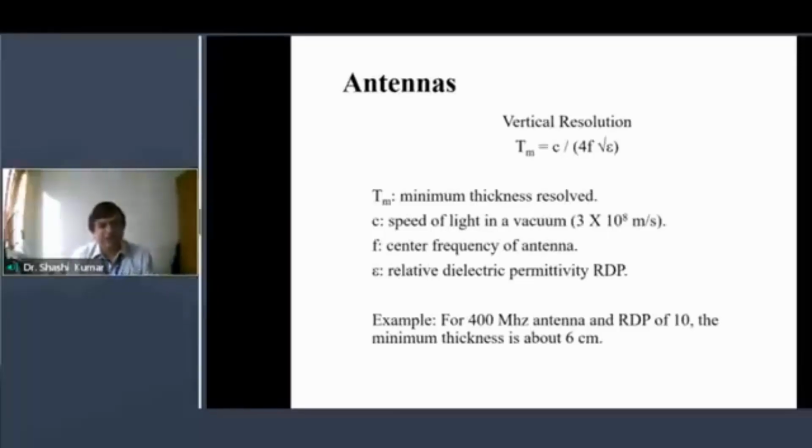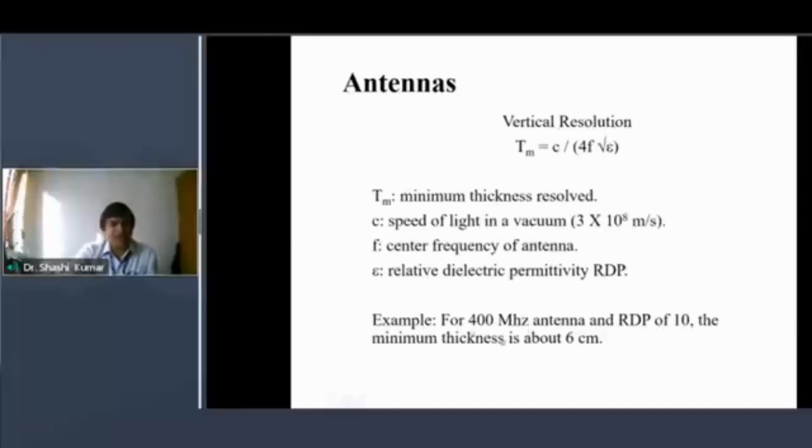The relative dielectric permittivity could be obtained for any kind of surface, because it is the ratio of the dielectric permittivity of the substance divided by the dielectric permittivity of the vacuum. So this could be easily calculated, and the vertical resolution then could be calculated.